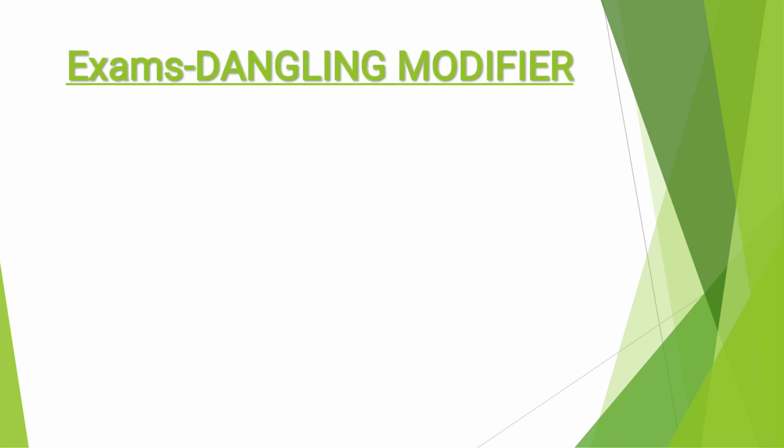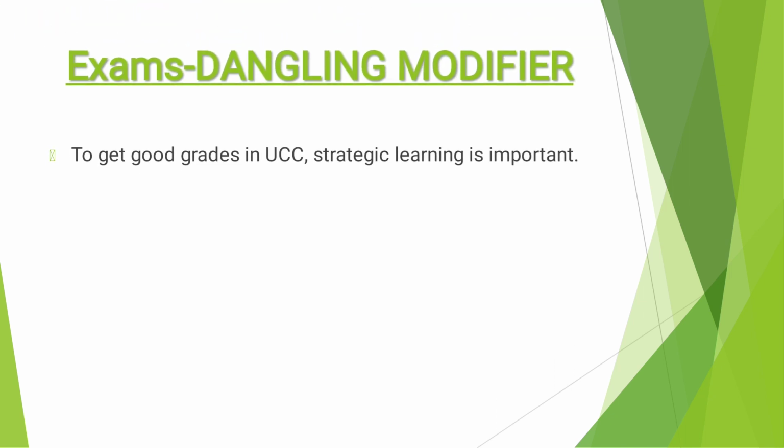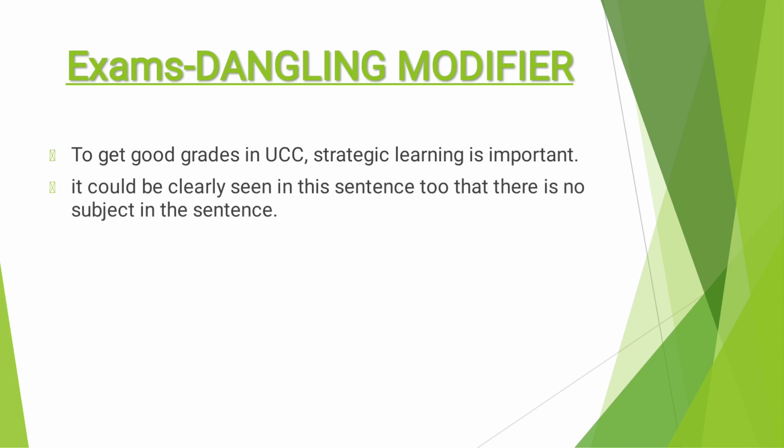Question number 2. To get good grades in UCC, strategic learning is important. When you look at this sentence too, it could be clearly seen that there is no subject or doer.